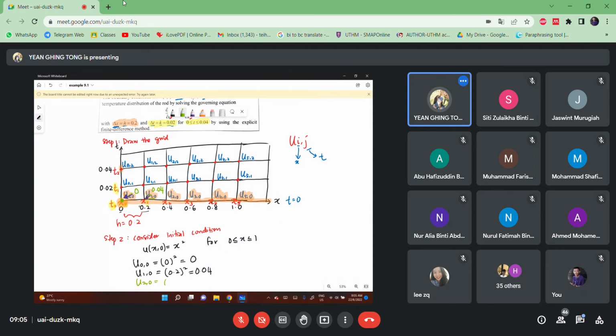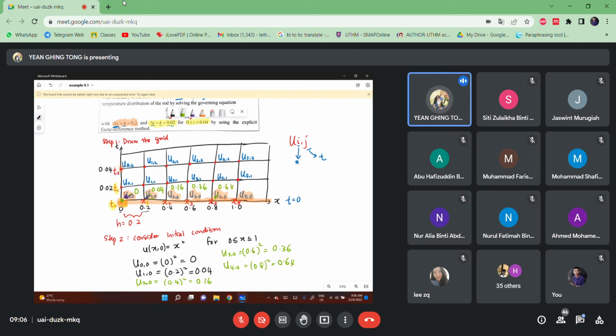U20, that means 0.4 squared. That means we get 0.16. So here is 0.16. And then U30, that means 0.6 squared. That means 0.36, sorry. So this is 0.36. And then U40, that means 0.8 squared, 0.64.